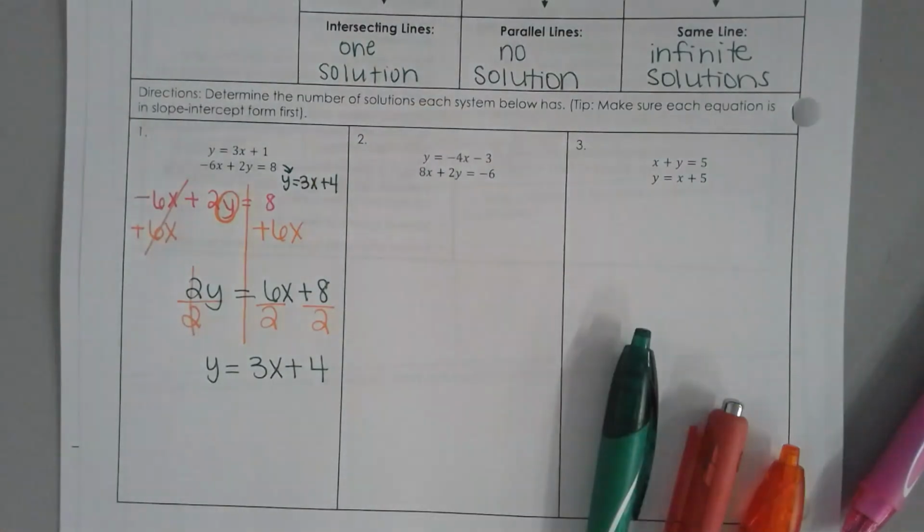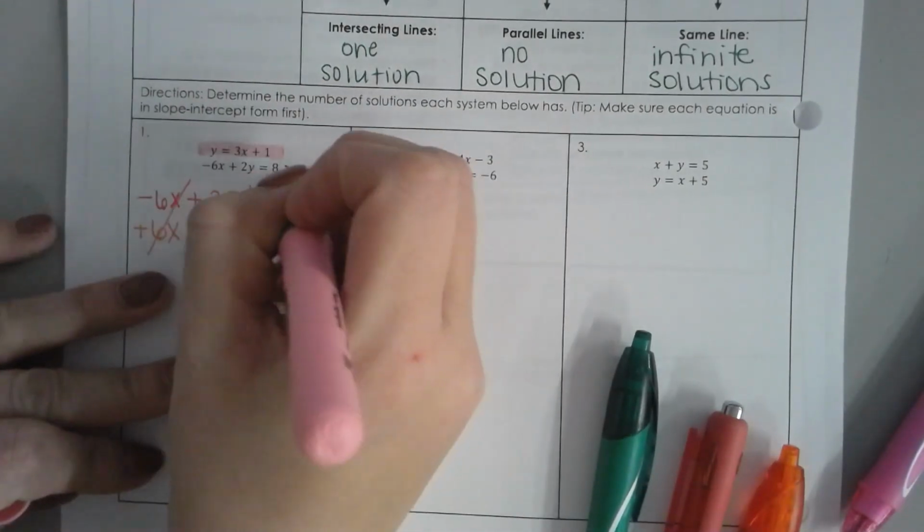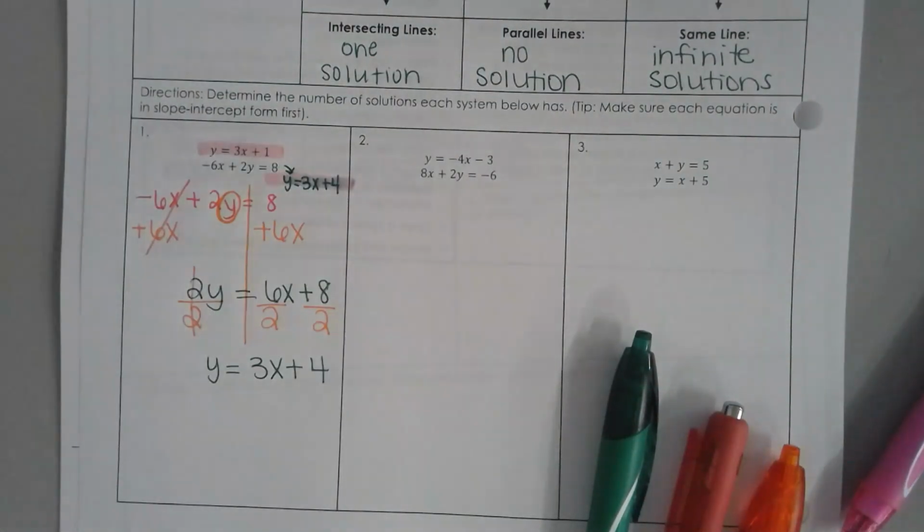Those two equations, which of the three groups do you think they fall under? How do we determine that without the graph? We're looking to see if they're totally different, if they have the same slope, or if they're exactly the same. Well, they're not exactly the same.